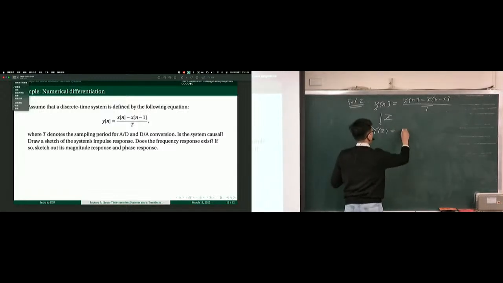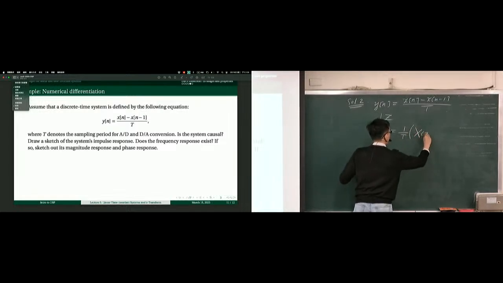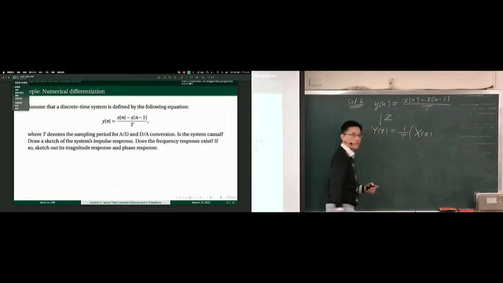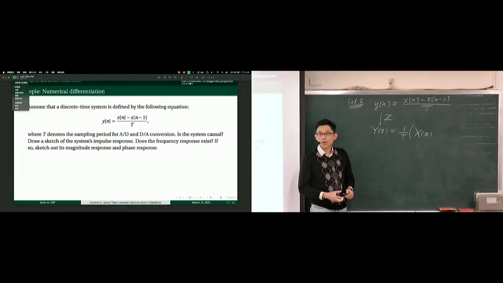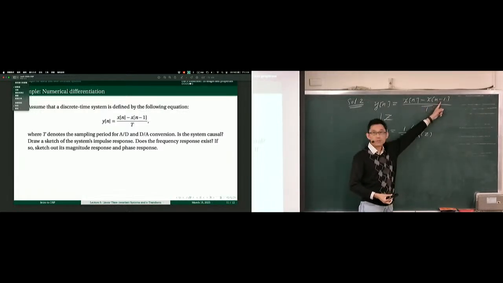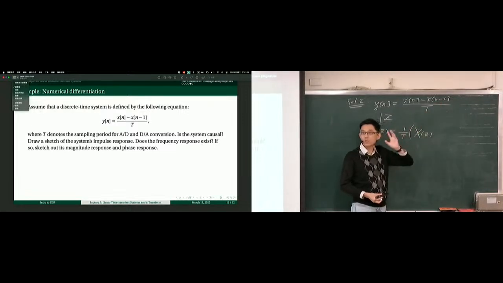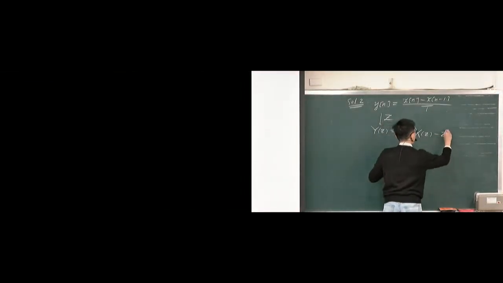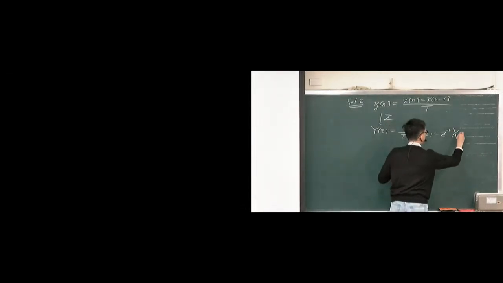But now, what's the Z transform of 1 over T times x[n]? When we take the Z transform of x, that becomes big X. There's a property that when we shift in time by one sample, in the Z transform that corresponds to a one unit delay, which is denoted, as you can easily show, Z inverse, Z to the minus 1 power, 1 divided by Z. Z inverse, that's the way I call it, Z inverse X of Z. So that's a trick: do this completely in the Z domain.